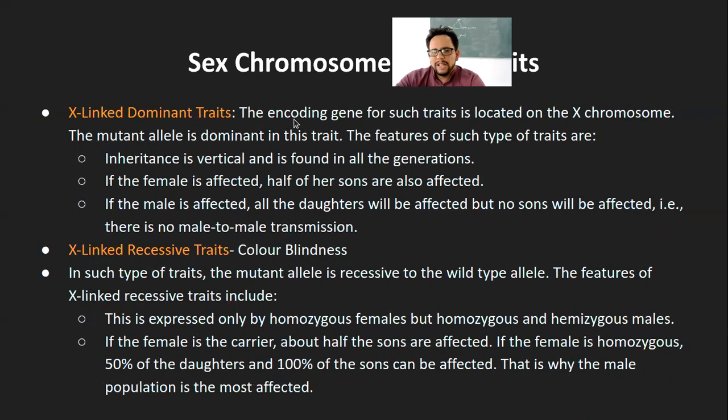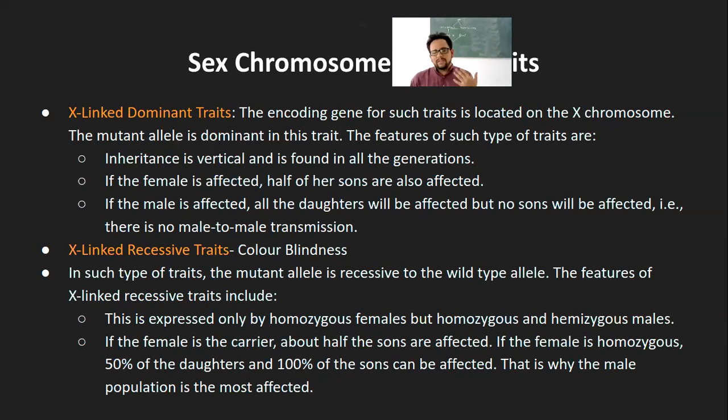The encoding gene for such traits is located on the X chromosome, which is a sex-linked chromosomal trait, and it is dominant on top of this. So the mutant allele is dominant in this trait. That means when the allele which is normally present is mutated, then it shows the dominant phenotype, right?